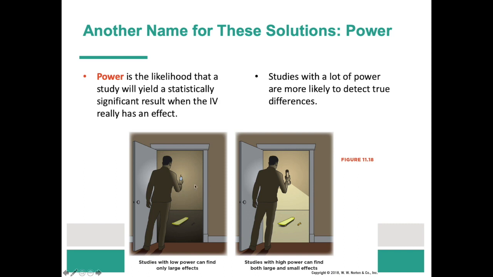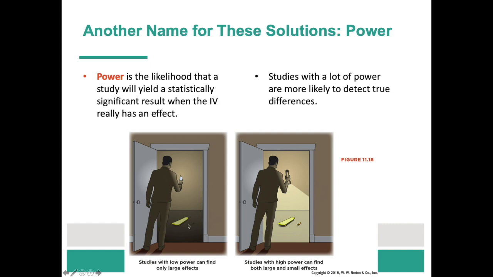The guy comes in with a candle and has low power. He can see the skateboard, but that's it. There's other things that may be in the room, but he won't be able to see it. But if he came back with more power, with a really strong flashlight, he's going to see the skateboard, but he's also going to see this tiny key.